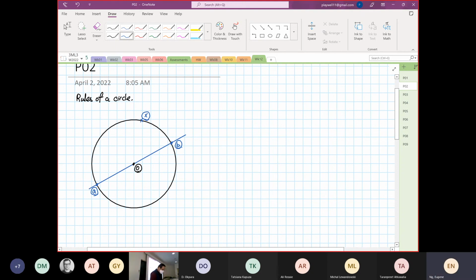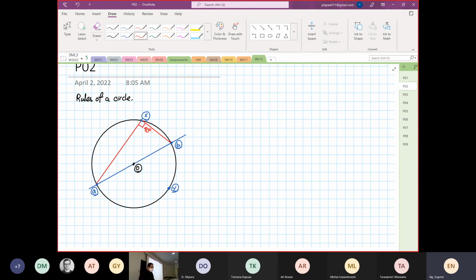You can pick a point down here, and we call it point Y. Point X and point Y are arbitrary positions. Next, we are going to join point A to point X and point X to B. And what you realize is this angle is always 90 degrees.